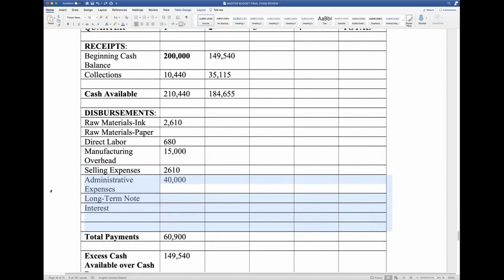The excess cash available comes from the cash available minus the total payments, which ultimately gave us that 149,540. And then you said, how much are you gonna borrow? How much we borrow depends upon what? Minimum cash balance is 100,000.